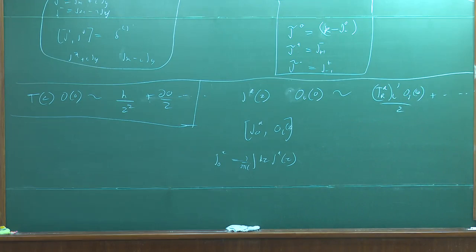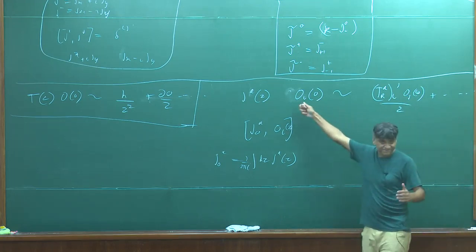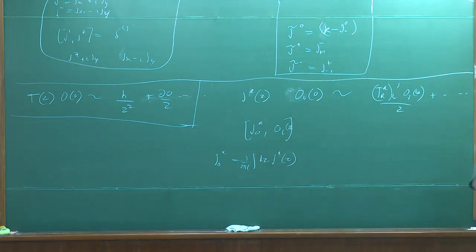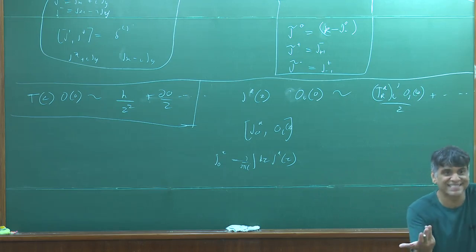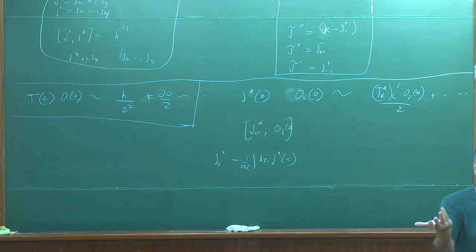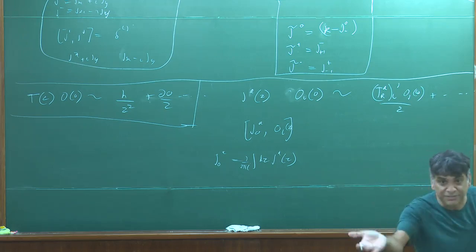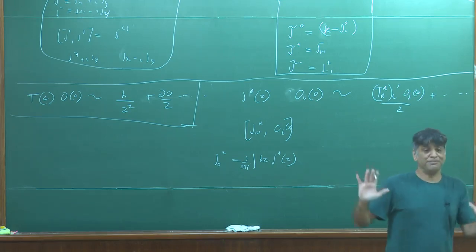Even if this operator was not a primary, as long as it transformed under the Lie algebra in a particular representation, the 1 by z piece in the OPE would be of this form. So we know that the least singular an OPE can be for operators that transform under this is to have a 1 by z pole, because that is what indicates that it transforms in the Lie algebra, and that we must have.